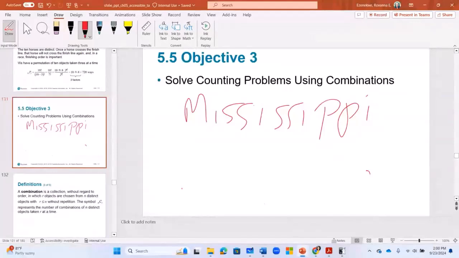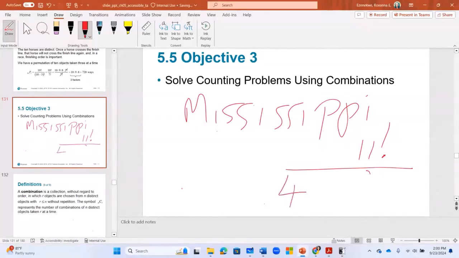What is the sample space? So 1, 2, 3, 4, 5, 6, 7, 8, 9, 10, 11. There are 11 letters. They may not be different. Divided by, is there any repetition? Yes. I repeated how many times? 1, 2, 3, 4.